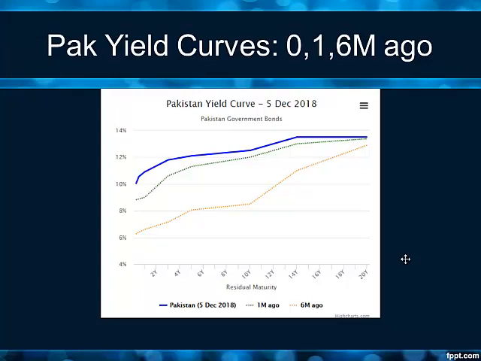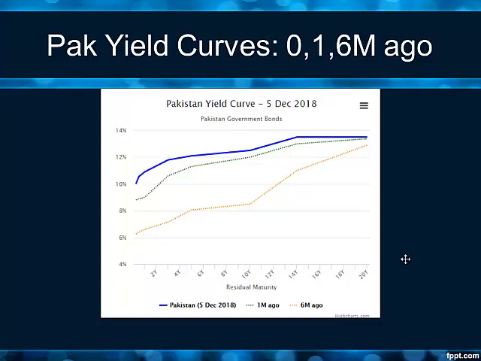So on very short-term 1 month bonds, the rate is 10%, and it rises to about 14% as you go from 1 month to 2 years, 4 years, 6 years, 8 years, 10 years, 12 years, 14, 16, 18 and 20 years.